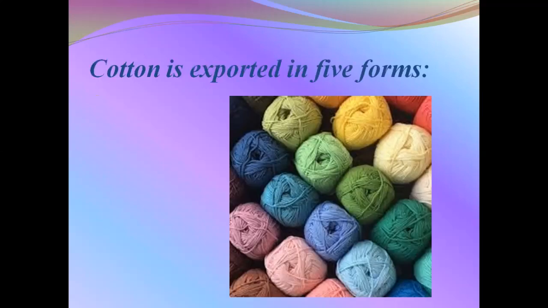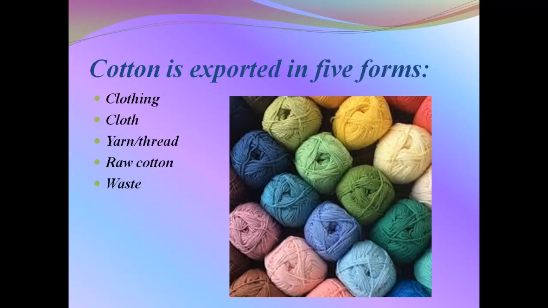So, Pakistan is exporting cotton in 5 forms. Clothing, it means the stitched cloth like garments. Cloth, the unstitched fabric. Yarn and thread. Raw cotton and waste in its natural form.